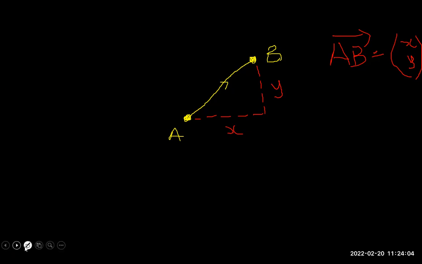What does Pythagoras' theorem state? The hypotenuse squared, so let me put h squared, is equal to the square of this side plus the square of this side. Usually you might see it like a squared plus b squared is equal to c squared, or c squared is equal to a squared plus b squared.